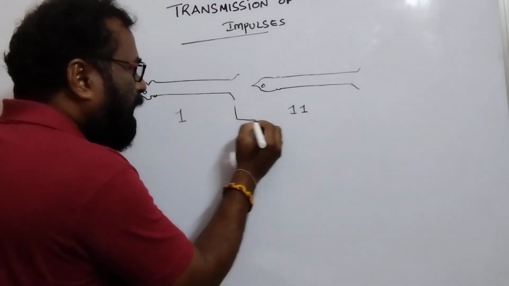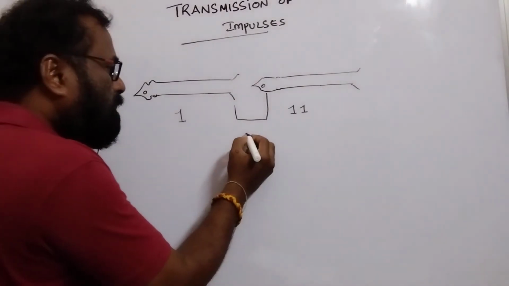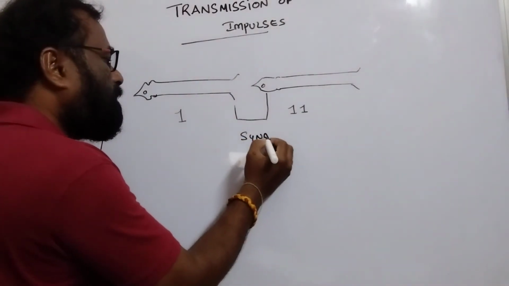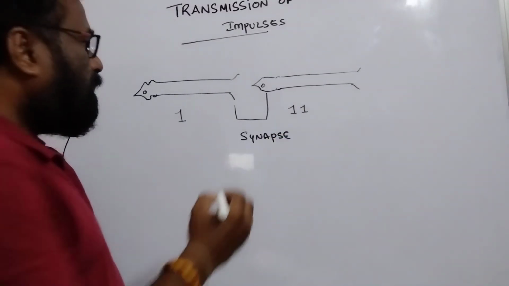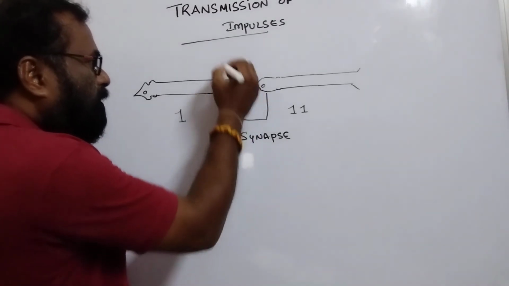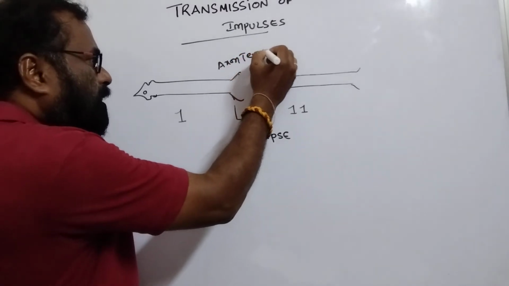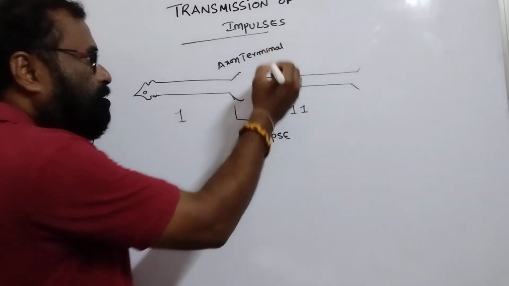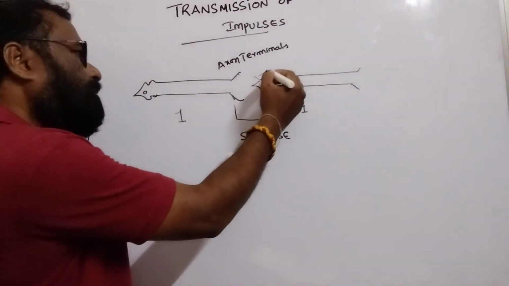The gap present between the two neurons is called the synapse. These are the axon terminals. These are the dendrites.